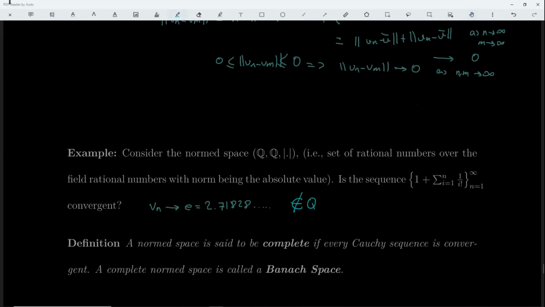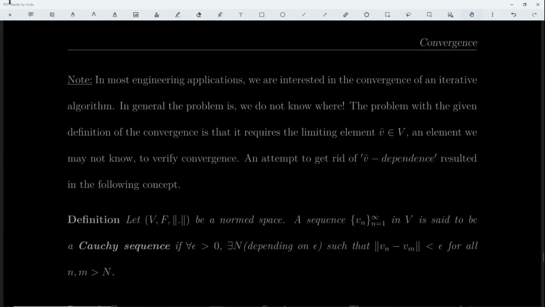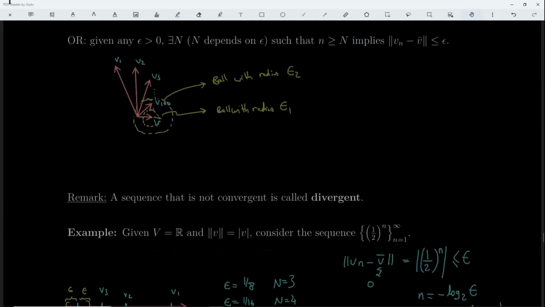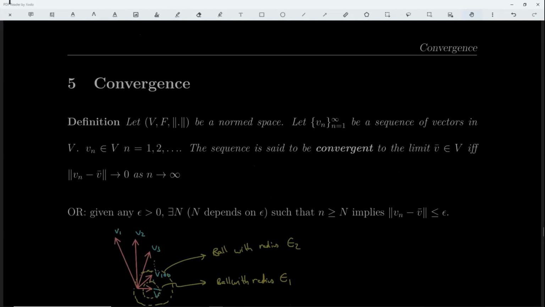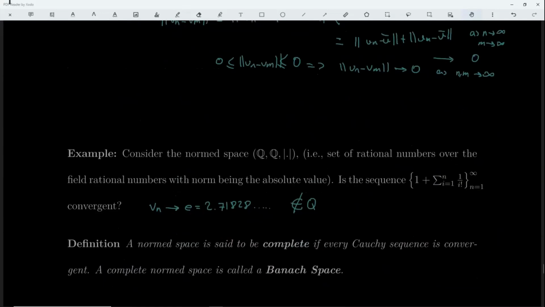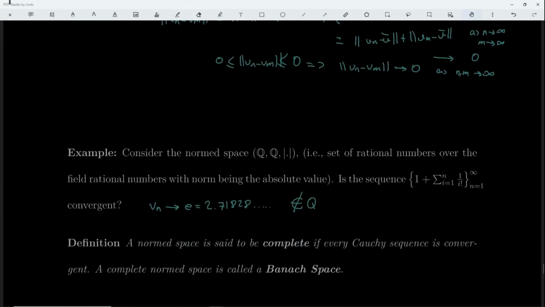And for a sequence to be convergent, we need a limiting value in the definition of convergence, right? So we need to have the limit v bar in our vector space. But in this example, the limit v bar is not in our vector space. Therefore, this sequence is not convergent.